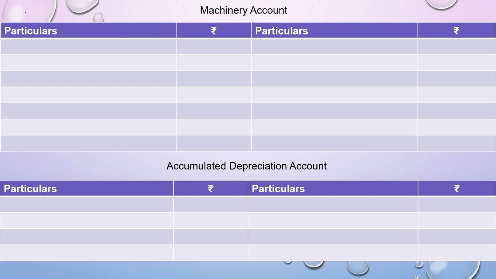So like this, in the working note, you prepare the machinery account. Particulars, rupees, debit and credit on both the side. The machinery account would open with an opening balance on the debit side, to balance brought down. The amount was 10 lakh and it would close out with a closing balance on the credit side, by balance carried down, which was at 12 lakh 70.